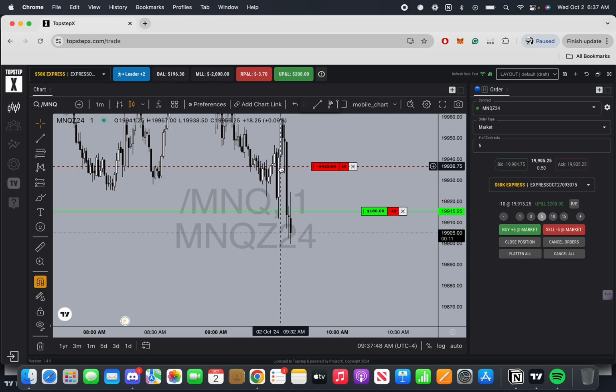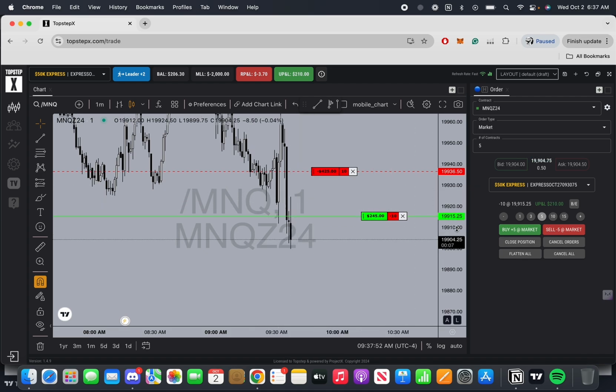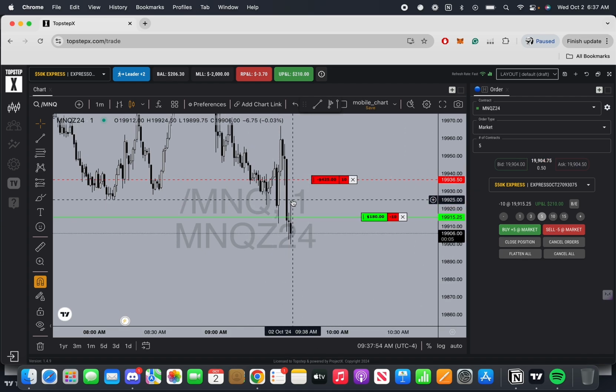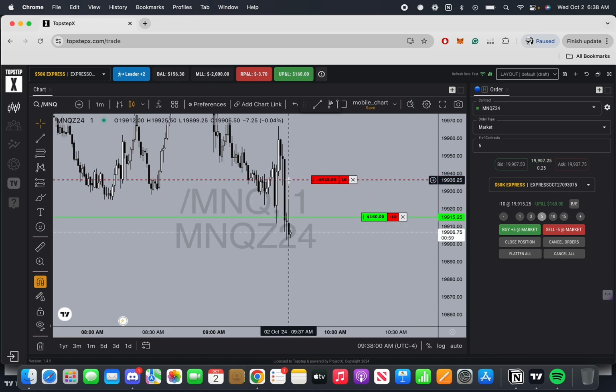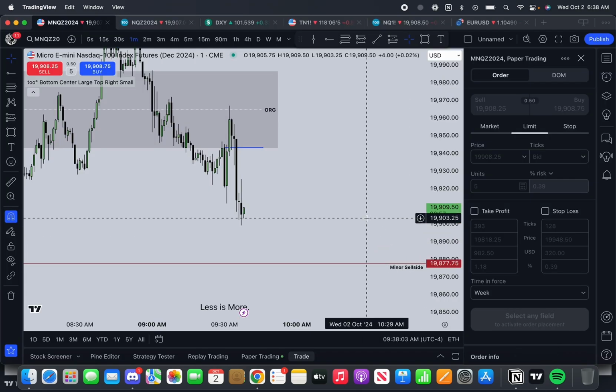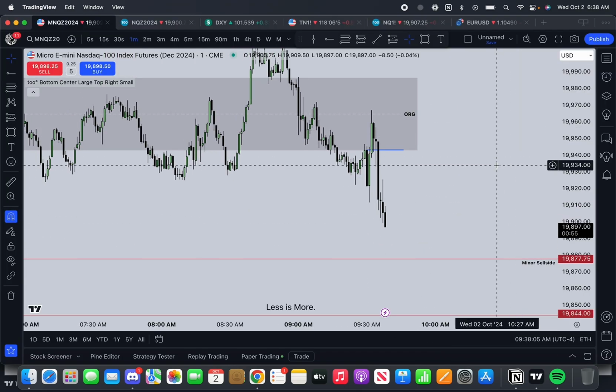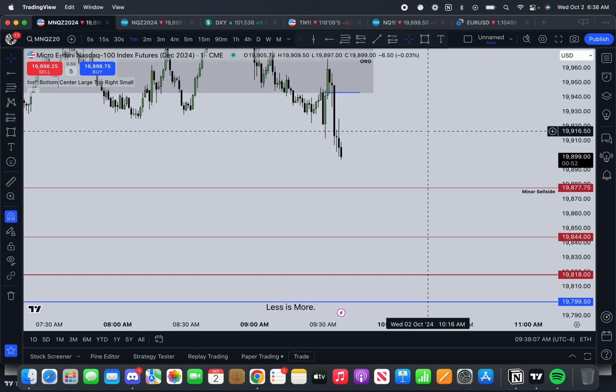I don't want to see this fair value gap filled all the way because we have this order block as well as this breaker. So this should be a very high probability fair value gap, which is why I'm having a very tight stop loss. And I just want us to start melting into the sell side now.